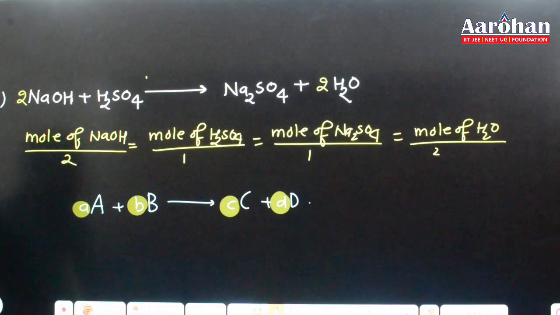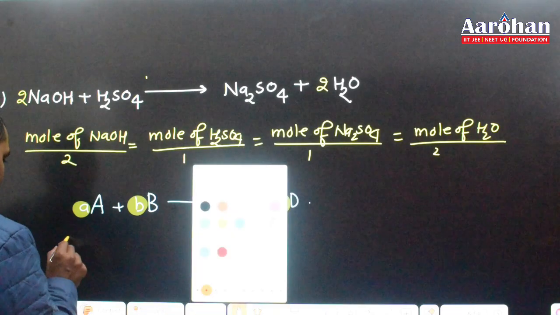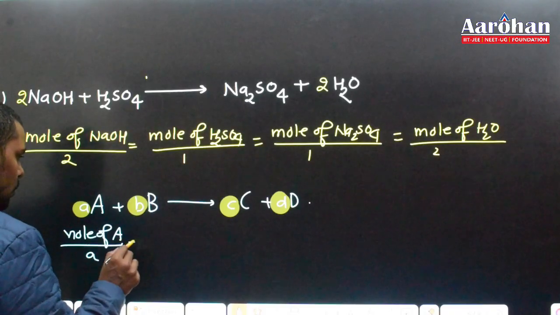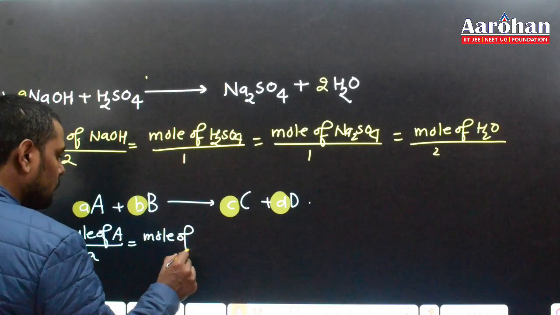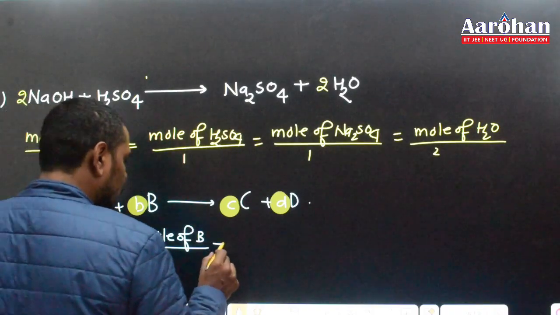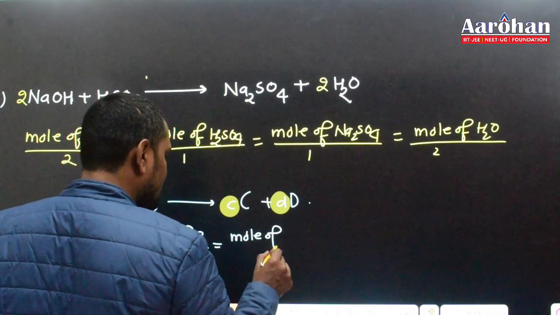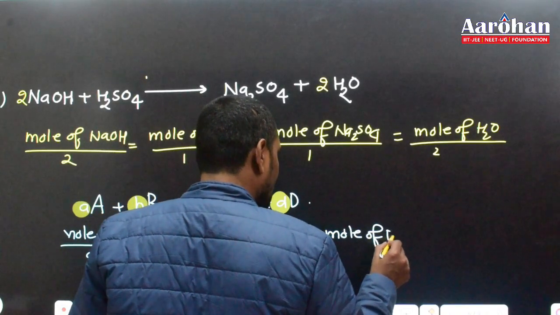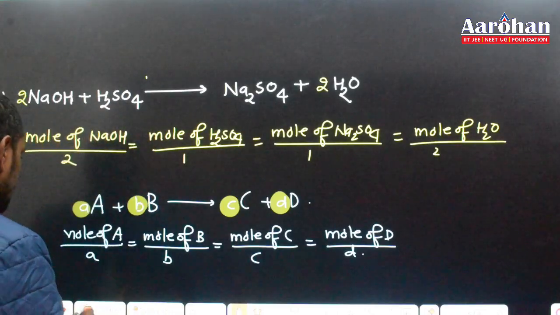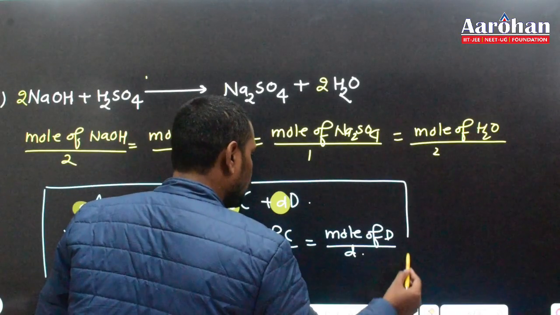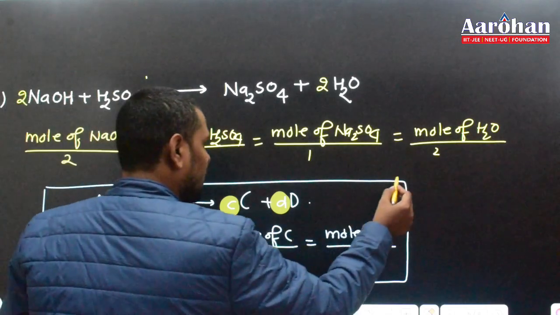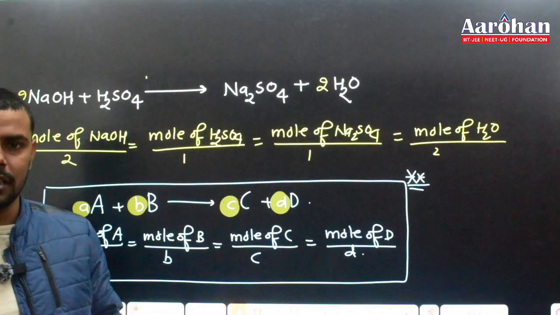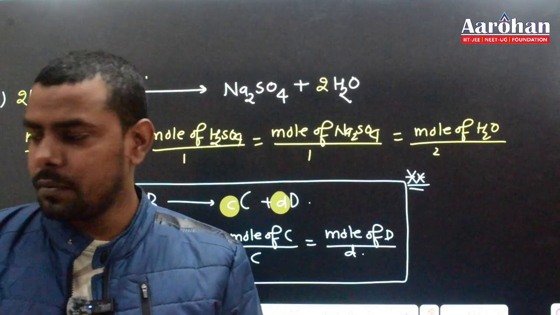The mole equation will be: moles of A divided by a equals moles of B divided by b equals moles of C divided by c equals moles of D divided by d. This is the general way of writing a mole equation. We have to remember this stoichiometric ratio and write the answer this way. With this we end today. Thank you.